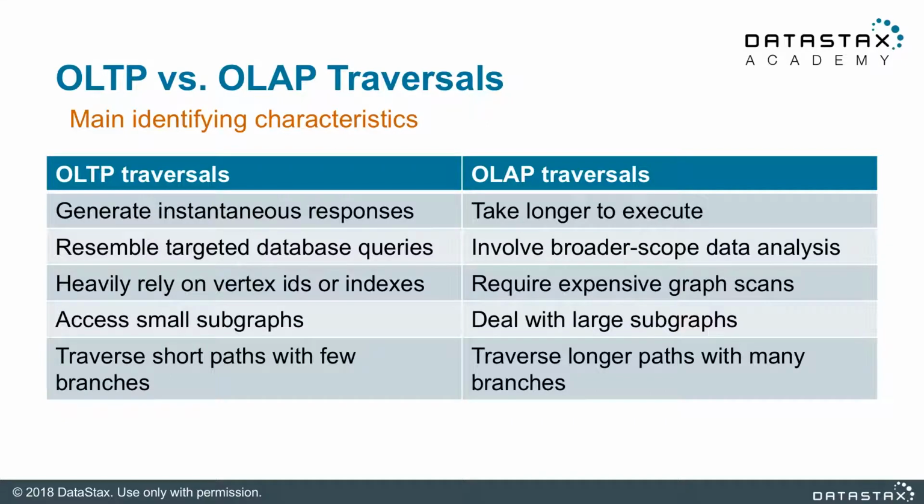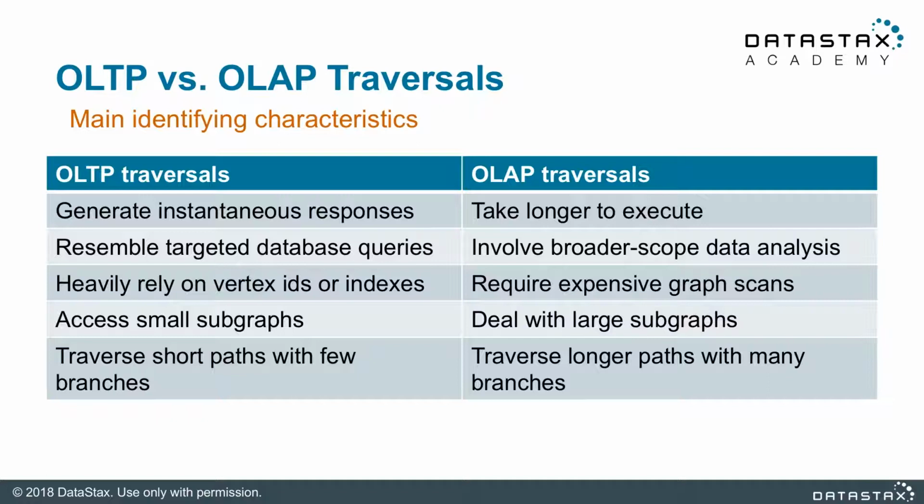Traversal performance depends on the complexity of both traversal and data, and drawing a clear line is sometimes hard and requires experimentation. To start with, I do want to give you some guidelines to help you conclude that a traversal is OLTP or OLAP. OLTP traversals return results quickly because they target one or few things in a large graph.